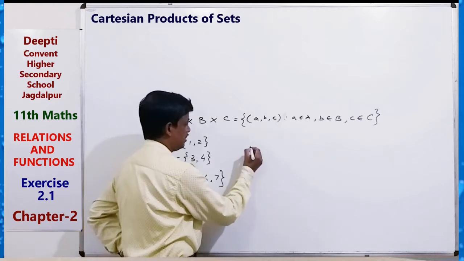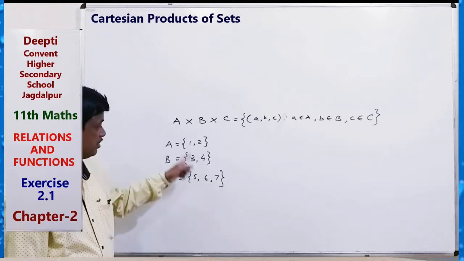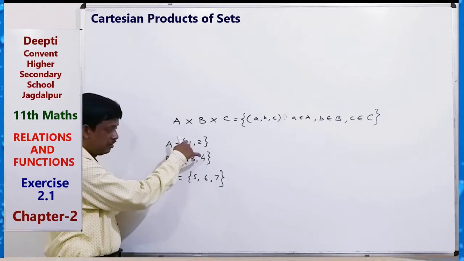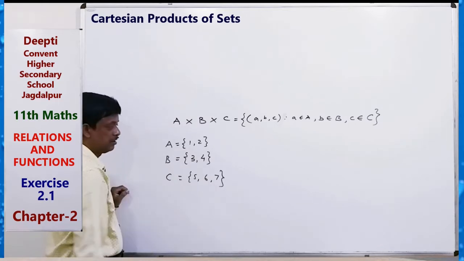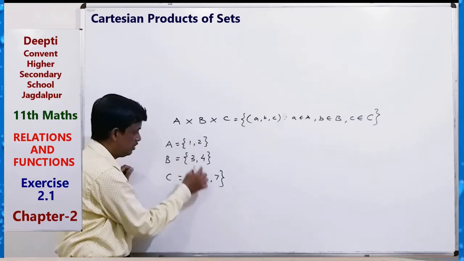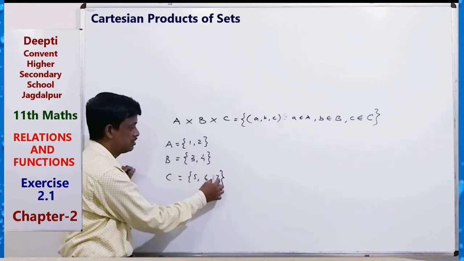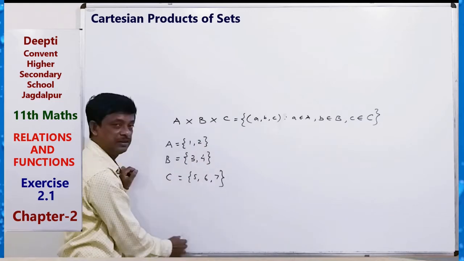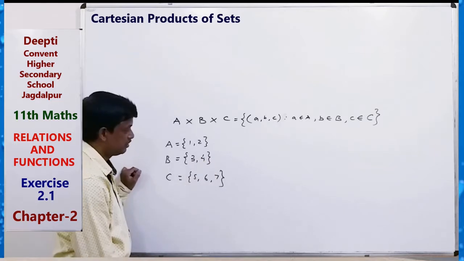How can we write the elements of A cross B cross C? 1 3 5, 1 3 6, 1 3 7, then 1 4 5, 1 4 6, 1 4 7, 2 3 5, 2 3 6, 2 3 7, 2 4 5, 2 4 6, 2 4 7. Clear?